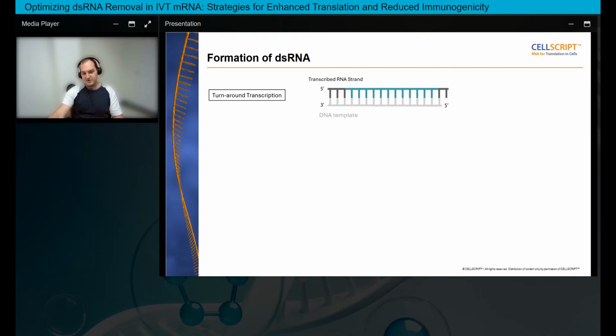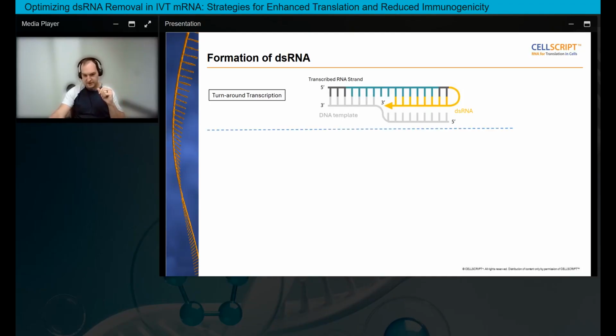But because of the unique aspects of the T7 polymerase, it can sometimes just keep going when it reaches the end, which is shown by that little yellow arrow there. And if it's complementary enough to the RNA that you just created, it will sit down on that RNA and then keep moving along, because T7 polymerase, the wild type, has an ability to associate with RNA molecules.